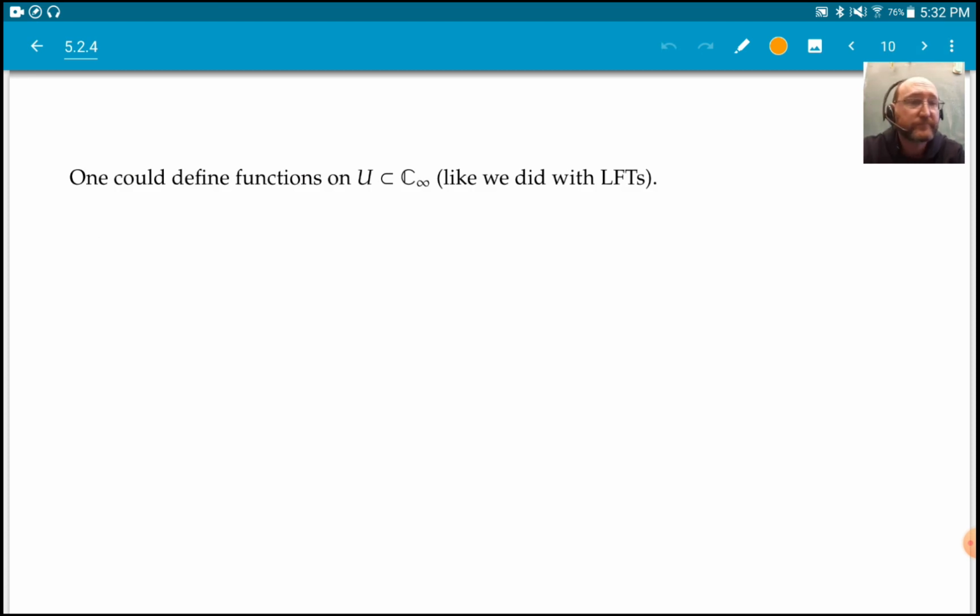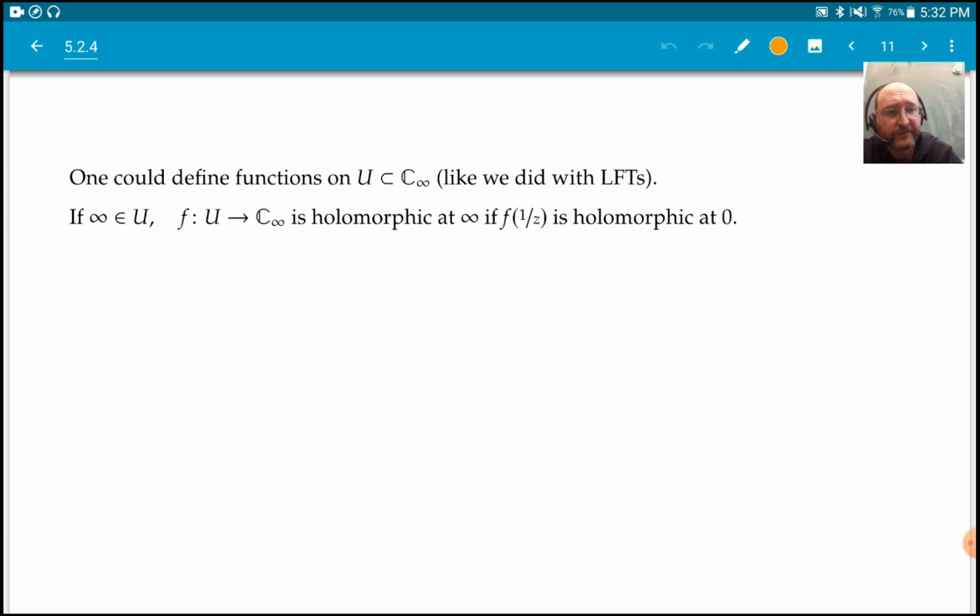Now, if we have extended holomorphic functions to be valued in C infinity, the domain could be a subset of C infinity. We did this with LFTs before, linear fractional transformations. If U doesn't include infinity, then it's just a subset of C, and we're done.